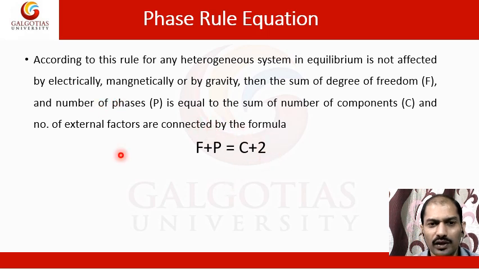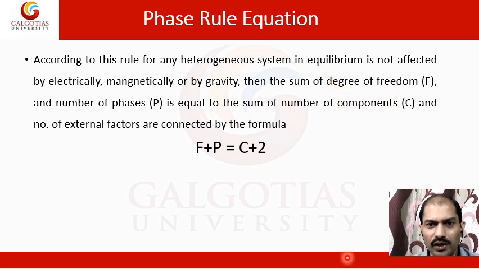Here P represents phase, F is degree of freedom, and C represents component. So don't confuse this P with pressure, that is separate. This formula applies to a heterogeneous system in equilibrium not affected by electrical, magnetic, or gravitational forces.